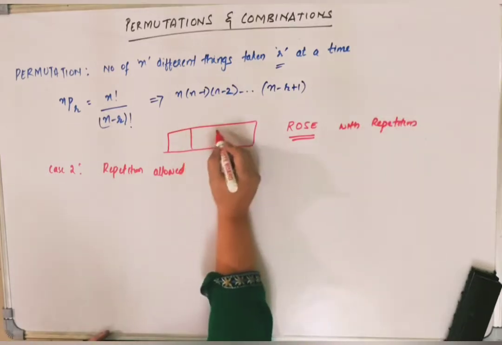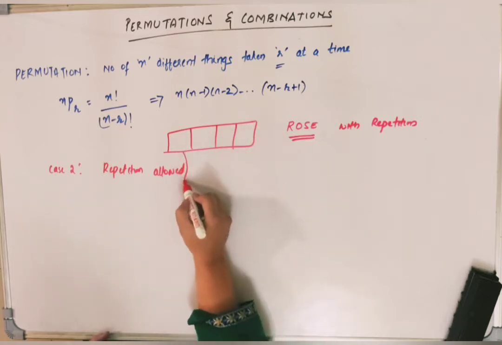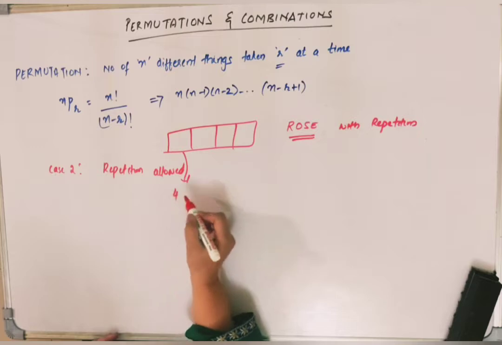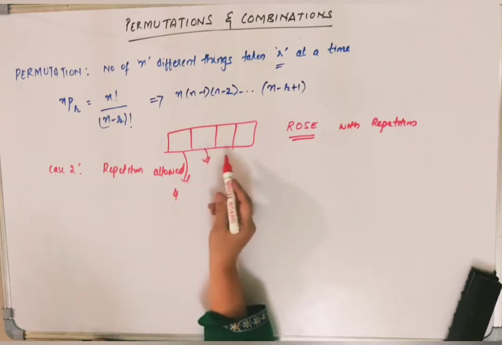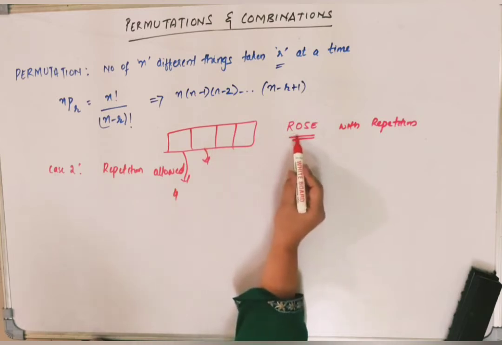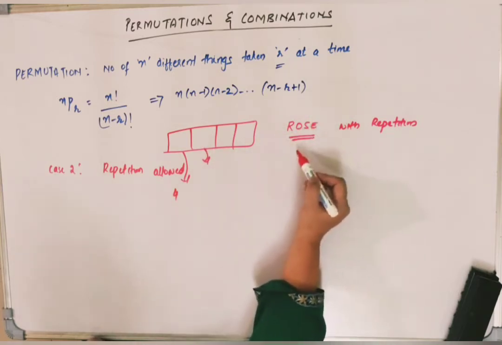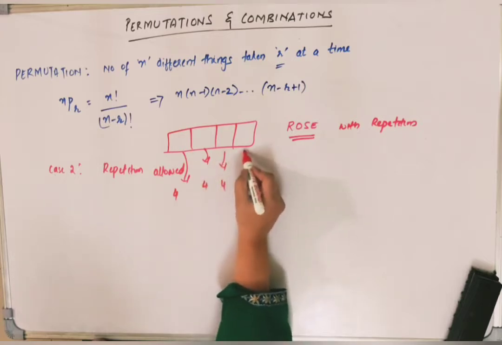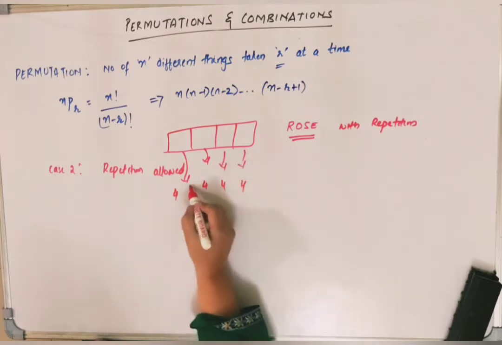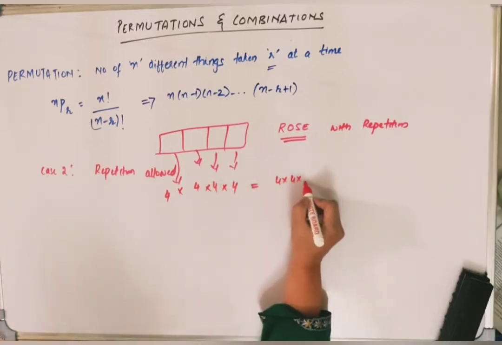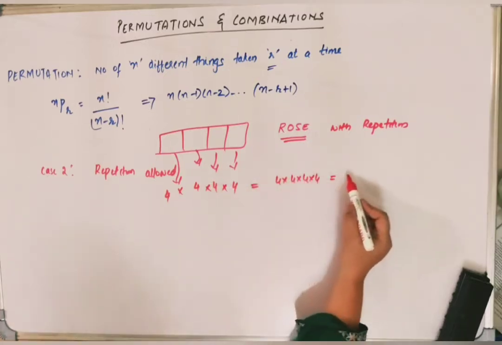So if I have repetition, now the technique will change. To get the first letter, I have 4. To get the second letter, I still have 4, because it doesn't matter how many other times I used any letter, I still have the entire list to use. So it will still be 4. Here also I'll have 4 ways. Here also I'll have 4 ways. So I'll multiply all of this. So what is the total number of ways? 4 into 4 into 4 into 4. So this is with the repetition.